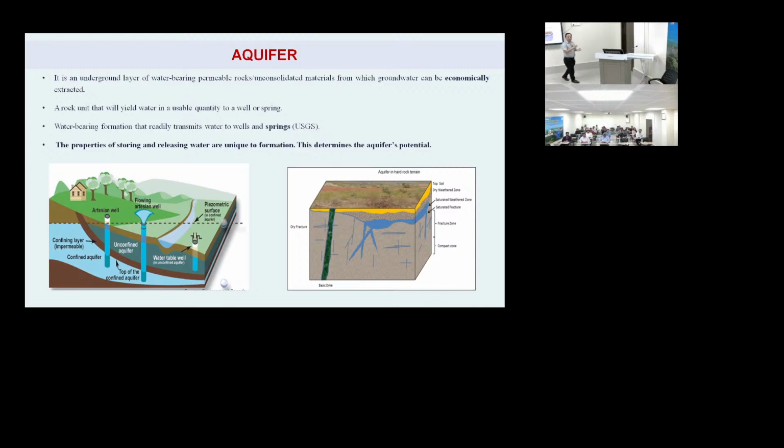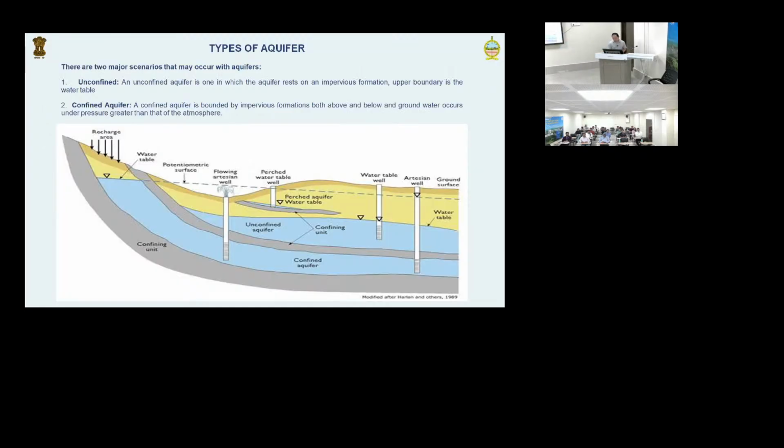Where there is enough water that can be economically extracted, we call it an aquifer. Or we can say it is a rock that will yield water in usable quantity to a well or a spring. In hard rock, we see it in the form of fractures, and in soft rock, the water fills the intergranular pore spaces.